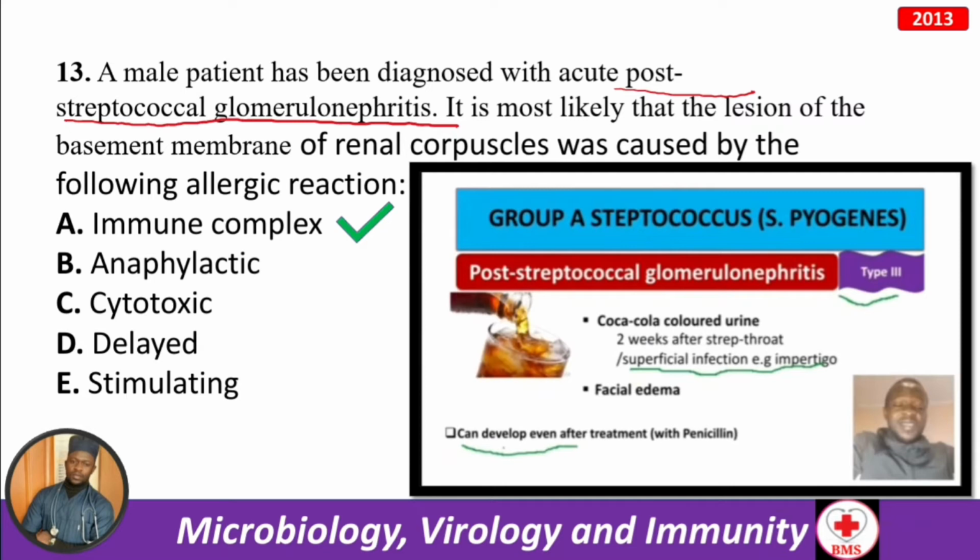Rheumatic fever doesn't happen after treatment with what? With penicillin. And the other thing to differentiate it from rheumatic fever, rheumatic fever usually happens after strep throat, right? And after skin infections, it doesn't happen. After superficial infections like impetigo, rheumatic fever doesn't happen, right? And I said it's type 3 hypersensitivity reaction, right?